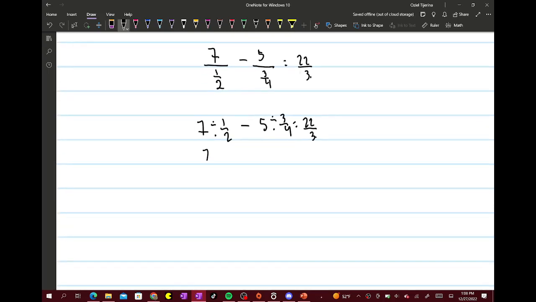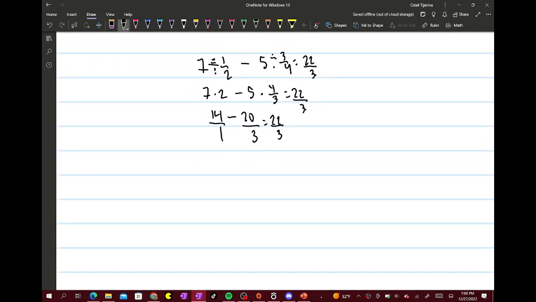And so we have 7 times 2 minus 5 times 4/3 equals 22 over 3. You kind of switch it, right? So this becomes 14 minus 20 over 3 equals 22 over 3.